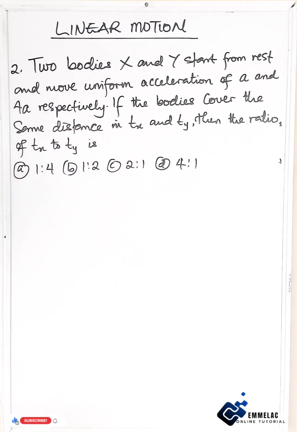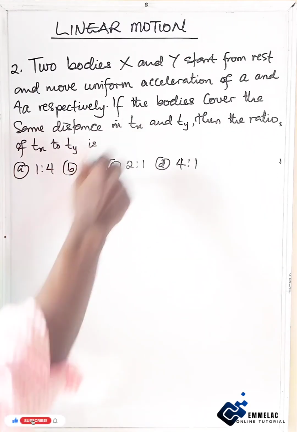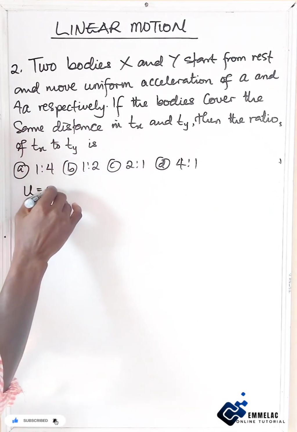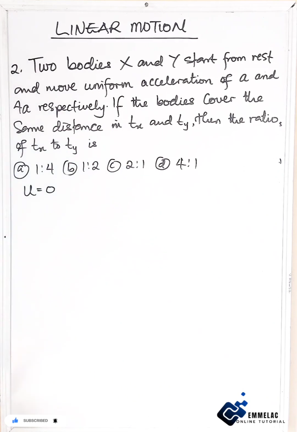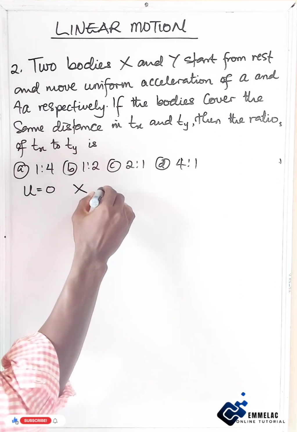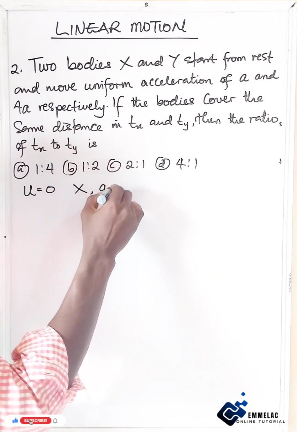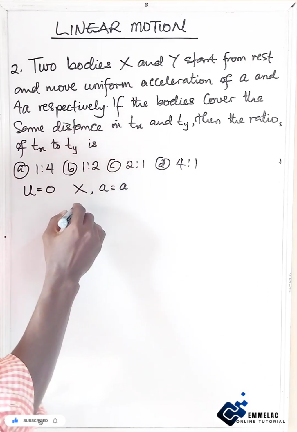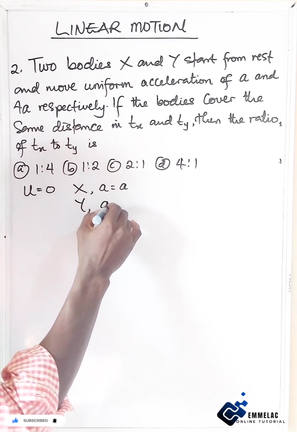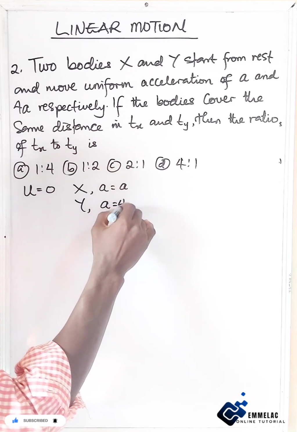Alright, now let us take note that when a body starts from rest, it implies that the initial velocity u will be equal to 0. Okay, now for body x, the acceleration equals a, and for body y, the acceleration equals 4a.